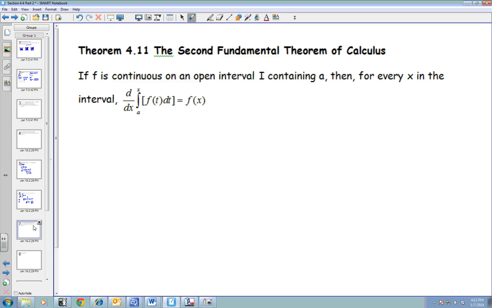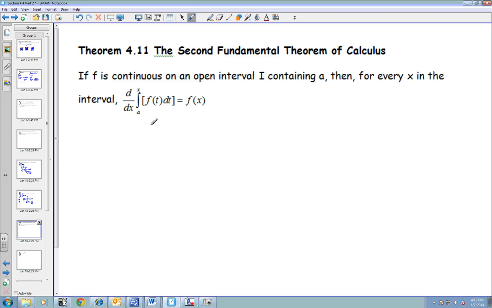The second part is going to look different, but it's actually really easy. It says if f is continuous on an open interval containing a, then for every x in the interval, remember what this stands for, d over dx is the derivative of the integral from a to x of f of t dt equals f of x.